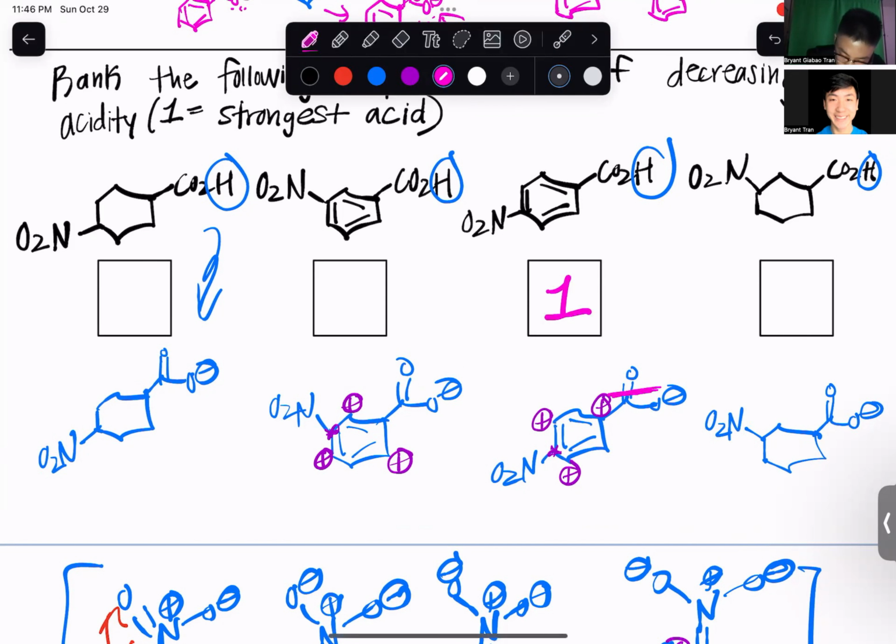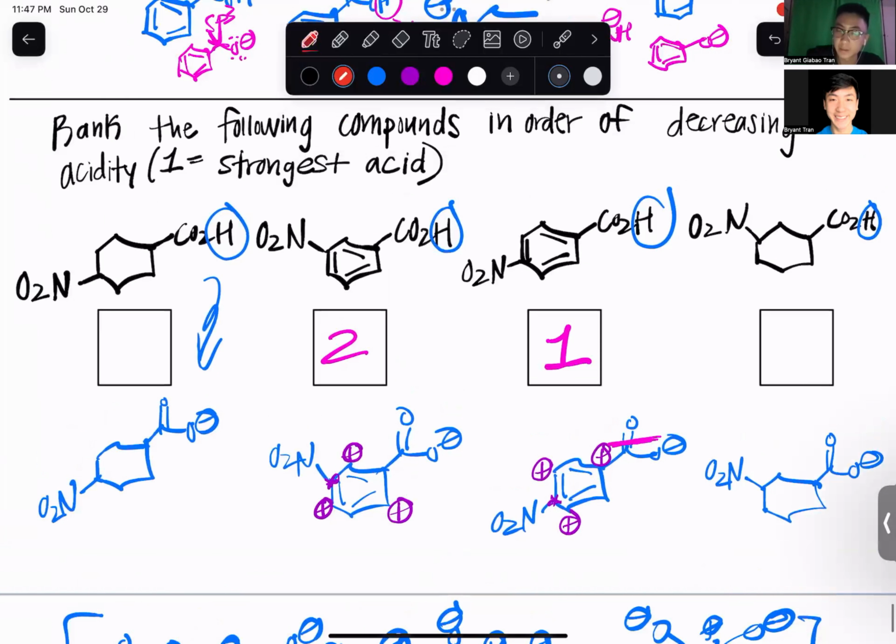That means that the other molecule that could do resonance, providing full formal positive charges, would be the second most acidic, because these two structures here are not benzene rings, so they cannot do any resonance. There's not going to be any full formal positive charges. So the other factor we have to consider is the inductive effect.